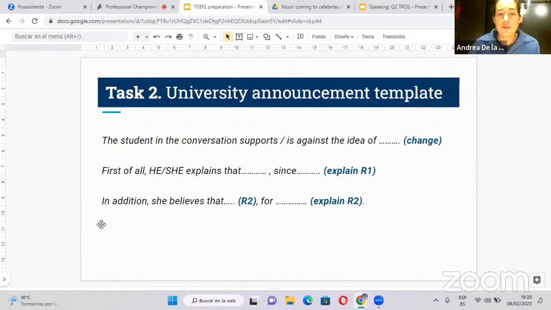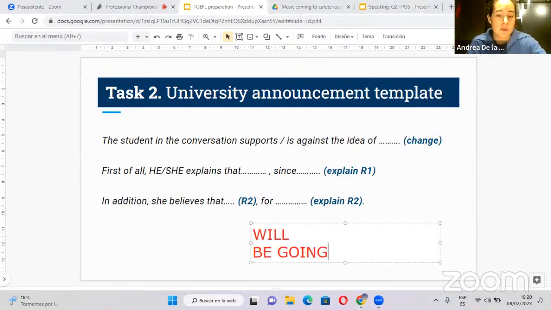Okay, it could be simple future, conditionals, or be going to, but everything has to be in the future because this is a plan that will happen in the future, right? So try to always make sure that you're using the correct tenses. For this task specifically, most of the time you will have to use the future tense. That is will or be going to.